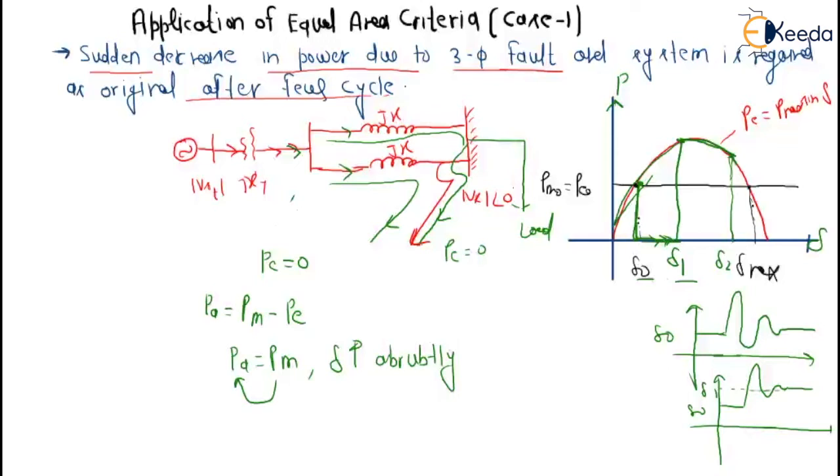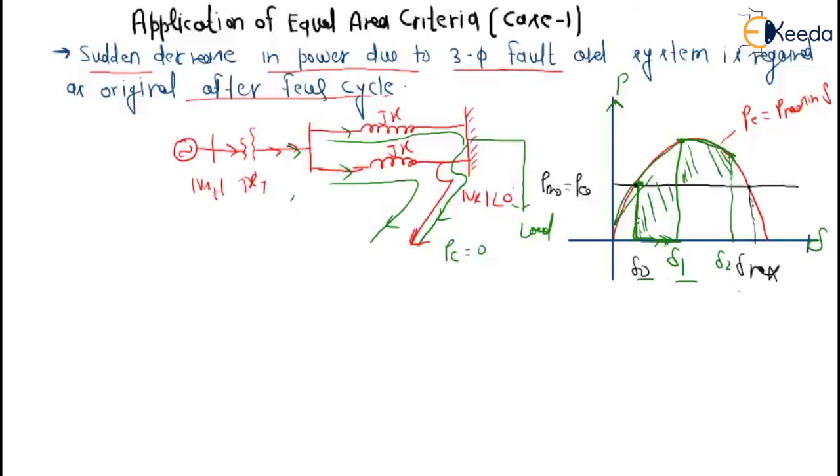Now we can apply the equal area criteria and write del naught to del 1, Pm minus Pe d del, where upper limit is del 1 and lower limit is del naught.